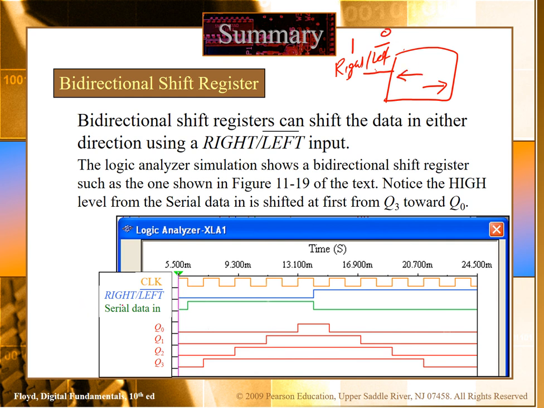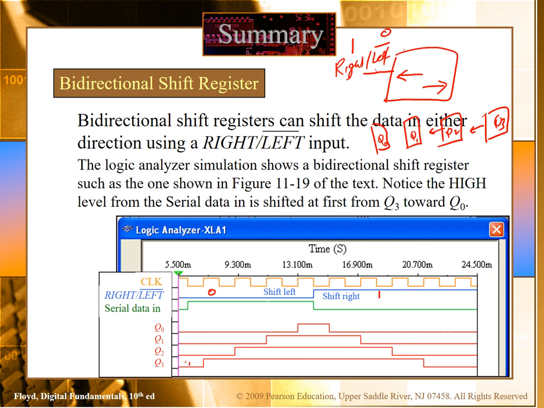See here, this is our serial data in, and now it's 0. 0 means it will be shifting towards the left, and if the signal is 1, it will be shifting towards the right. Initially, for example, you have 4 bits: this is your last flip-flop Q3, this is Q2, this is Q1, and this is Q0, shifting towards the left side.